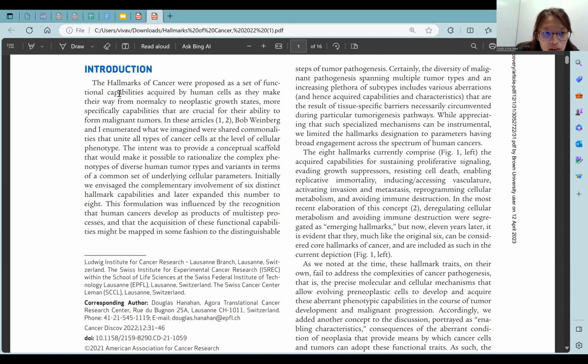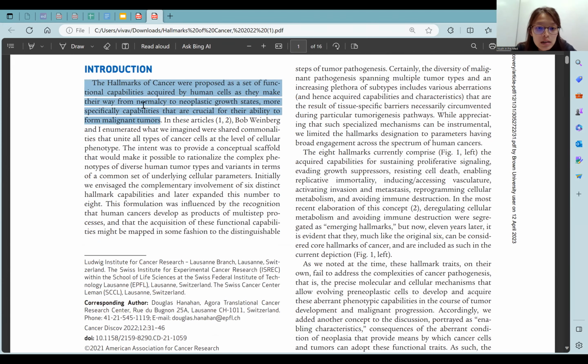they're talking about, so I would highlight this part right here, because it talks about the different capabilities or functions that the cell gains as they transform from normal cells to cells that can grow without regulation.